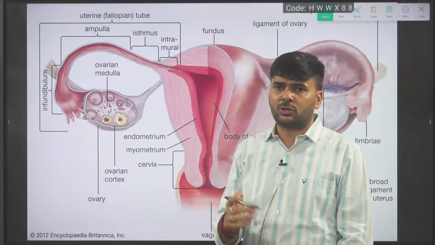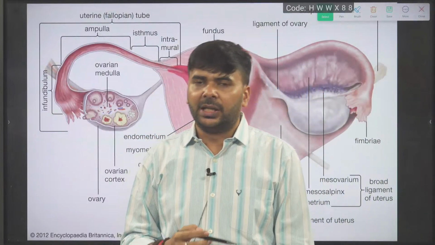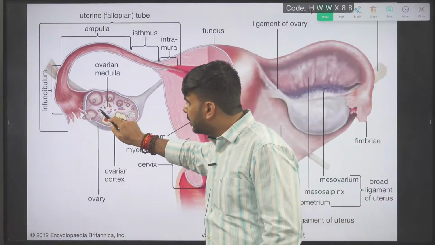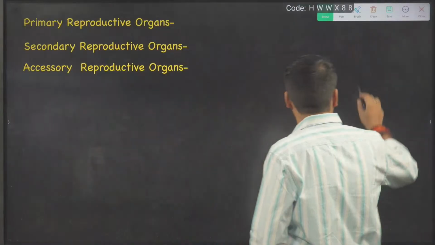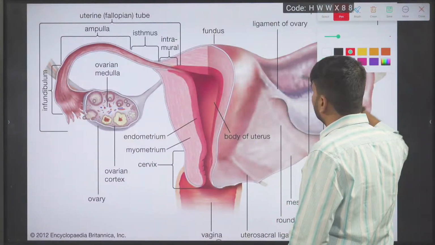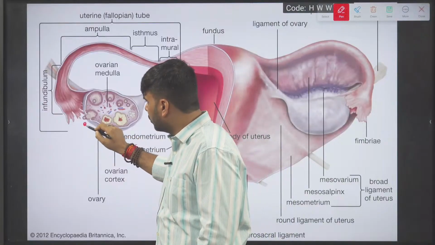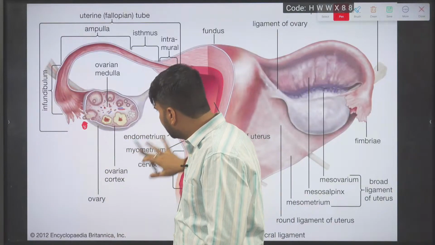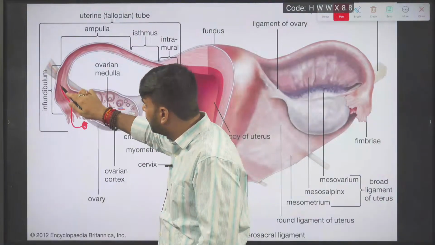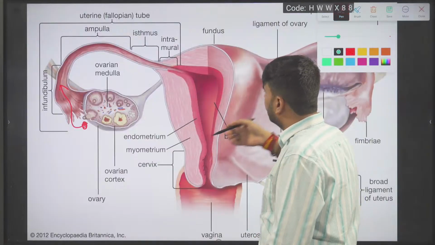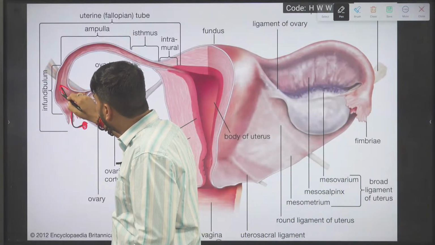In every menstrual cycle, listen everyone, the ovulated egg comes out from the ovary. The ovulated female gamete comes out from the ovary into this space, and from this space it enters the fallopian tube.